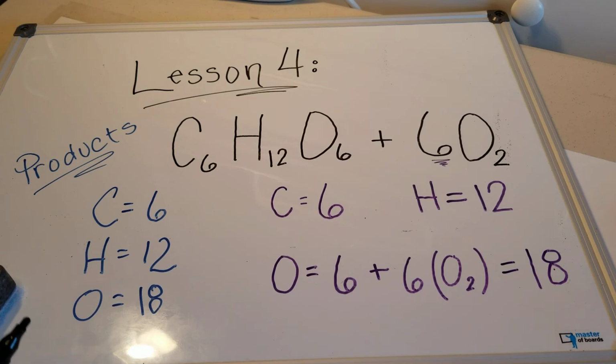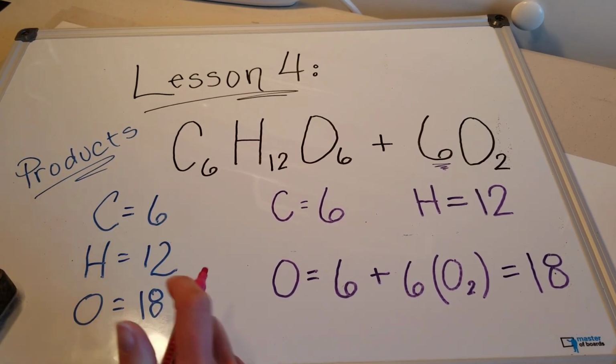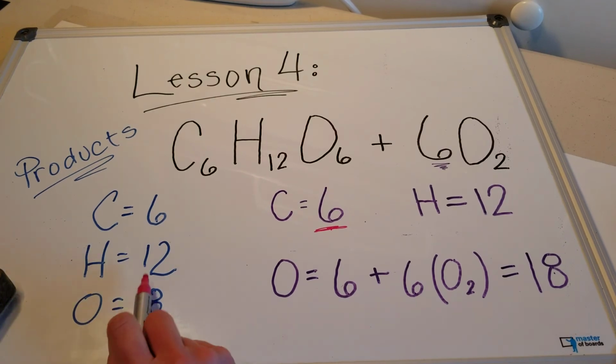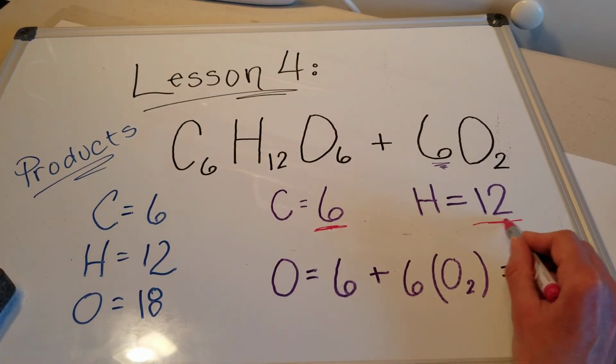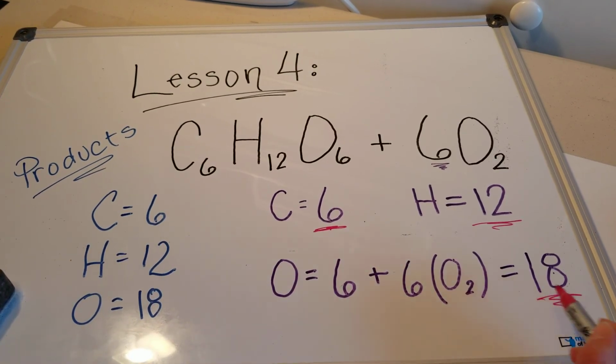So the happy news is that we've got a number of atoms in our product that matches the number of atoms that we started with. We started with 6 carbons, we ended with 6 carbons. Started with 12 hydrogen, we ended with 12. Started with 18 for oxygen, we ended with 18 again.